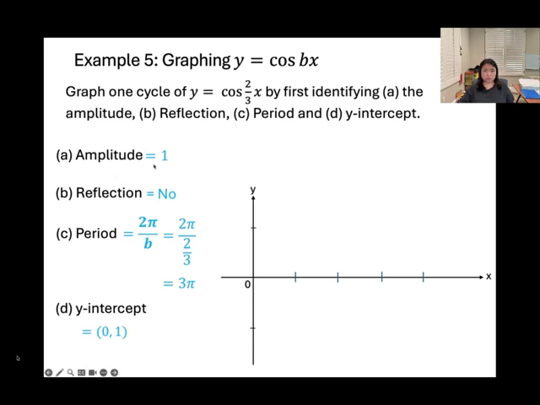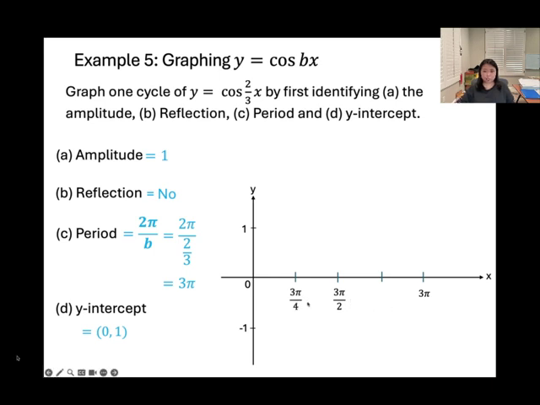Okay, so amplitude equal to 1. Let's label this one positive 1 and negative 1. And then period is going to be 3 pi, so we have the 3 pi here. And then half period, that will be 3 pi over 2. And then half period again, so you're going to multiply by 1/2, which is going to be 3 pi over 4.